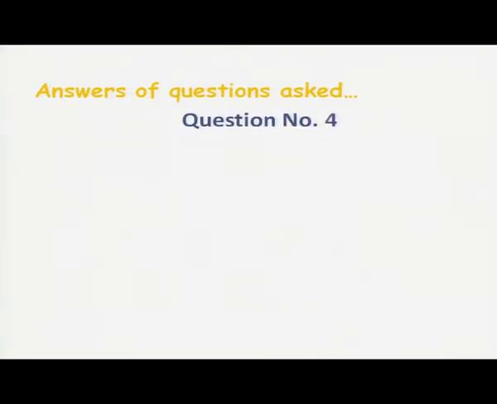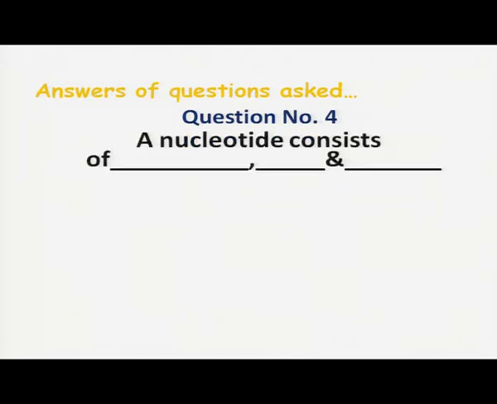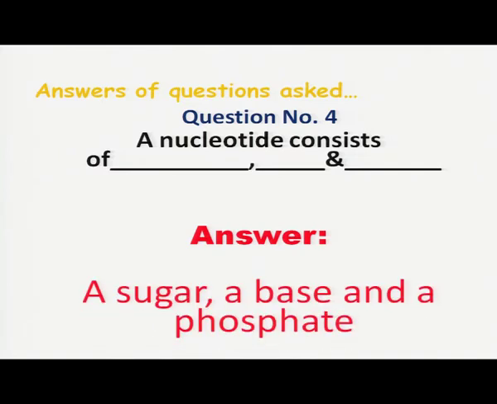Now, my fourth question was, a nucleotide consists of dash and dash and dash. Nucleotide, as the term indicates, is made by 3 molecules. These 3 molecules help in the formation of DNA. These 3 molecules are a sugar, a base, that means the nitrogenous base, and a phosphate.